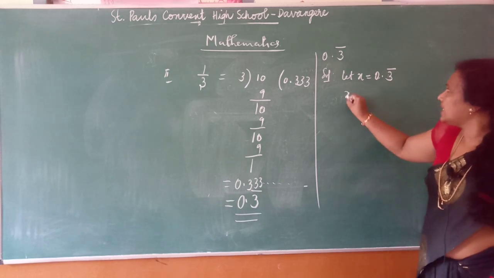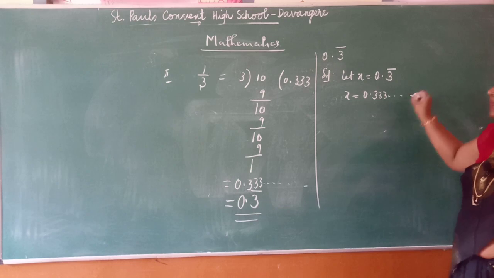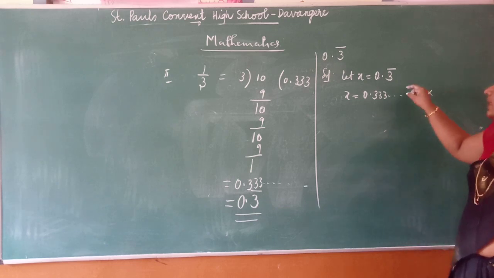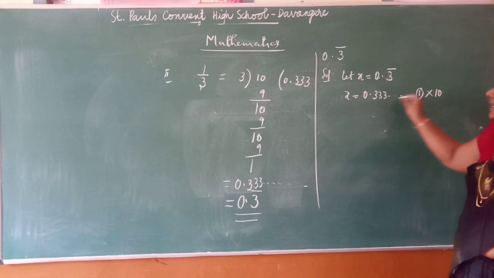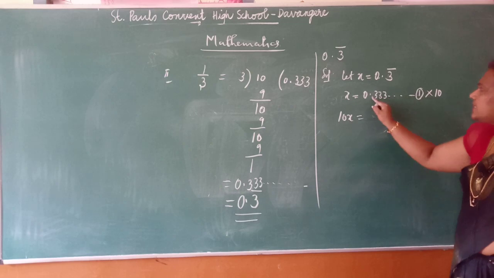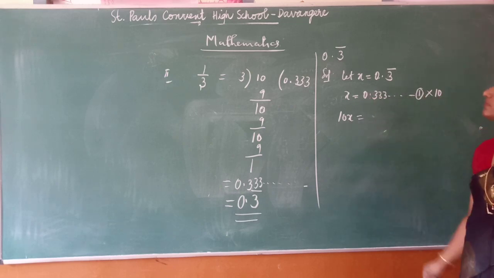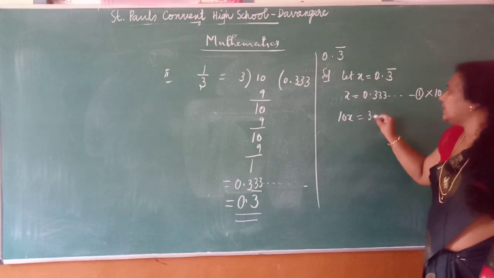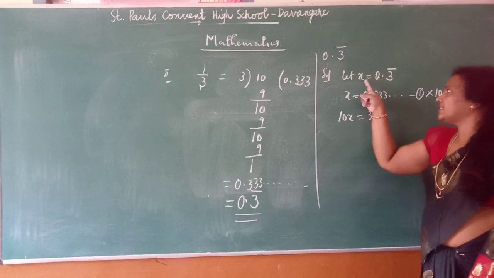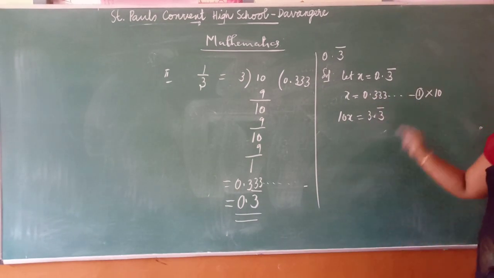Next step, I will expand this one, 0.333 and so on. Let me call this equation 1, and I have to multiply by 10. 10 into x is 10x. Since only one digit is repeating, you just move the point by one place. So what's the first step? Let x is equal to 0.3 bar; the second step, expand like this and multiply by 10.